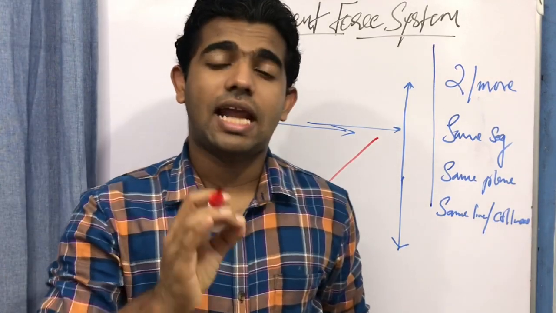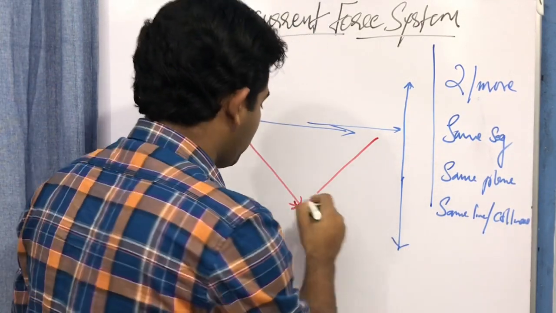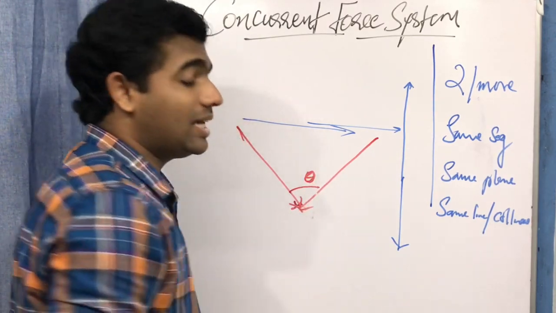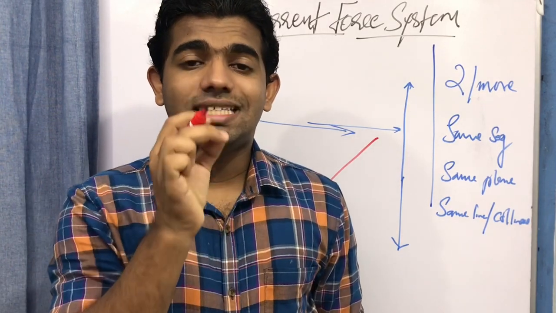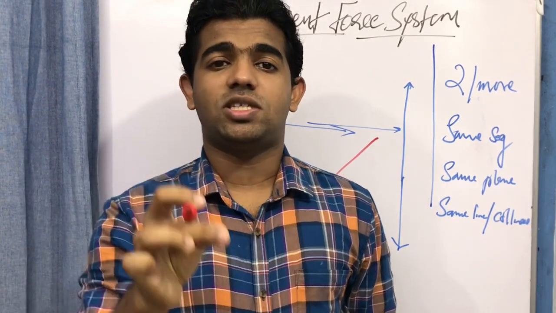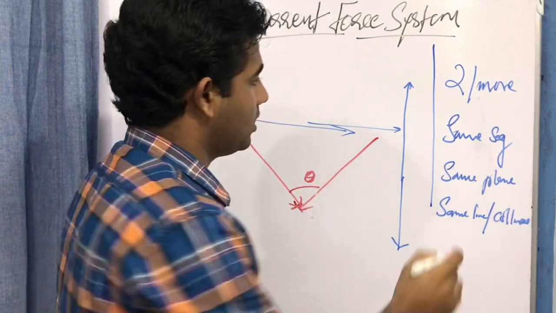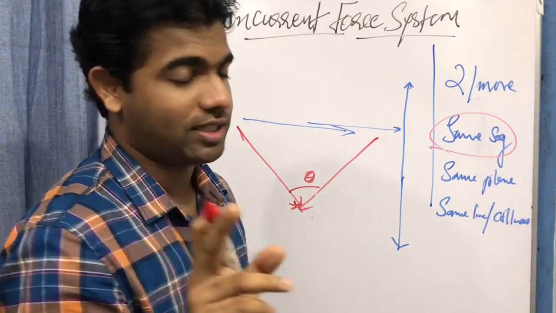If there is an angle between two forces, then such forces are known as what type of force? The concurrent force system. When there is an angle that exists between two forces acting on the same segment, that's important, not two different segments.